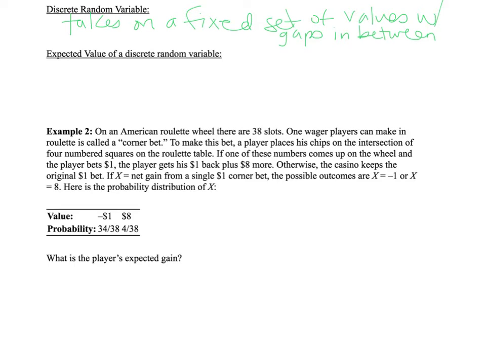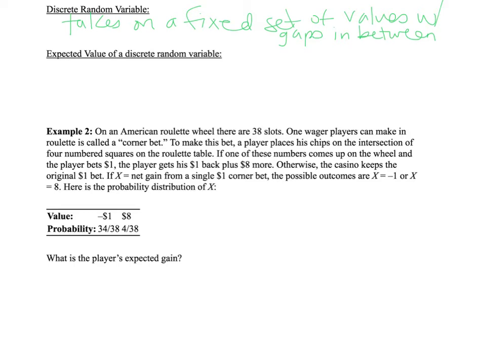Our next vocab word is a discrete random variable. The number of languages in the previous example was an example of a discrete random variable. A discrete random variable takes on a fixed set of values, and they have gaps in between.